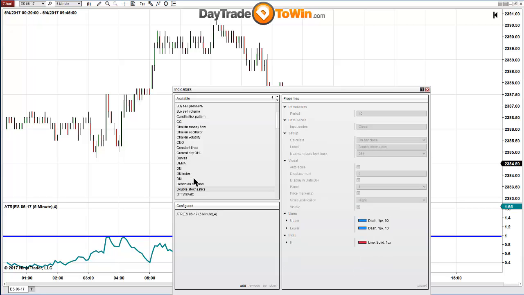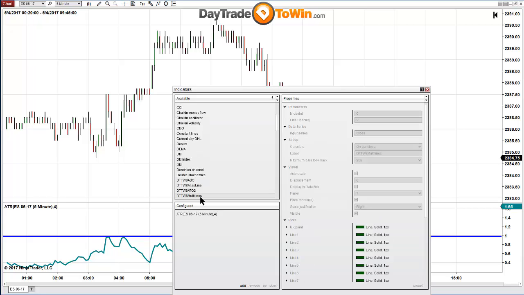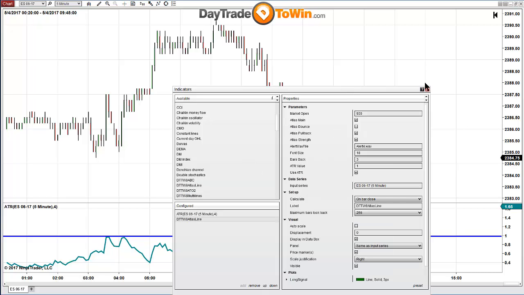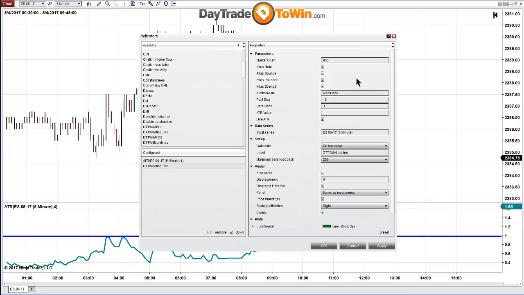I'm looking at NinjaTrader 8 here. The software is now coded for NinjaTrader 8. It's been updated, and those of you who have lifetime licenses obviously get free updates and upgrades. So I'm going to add here first the Atlas line, and here's the back end of the Atlas line.